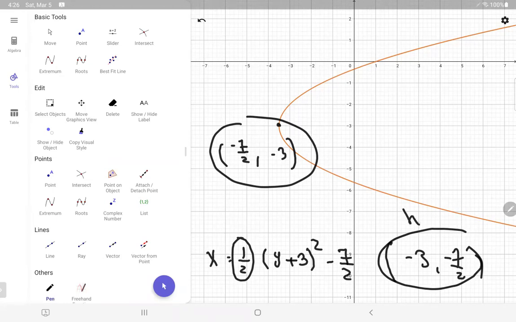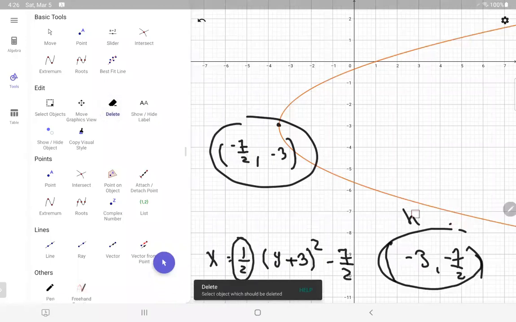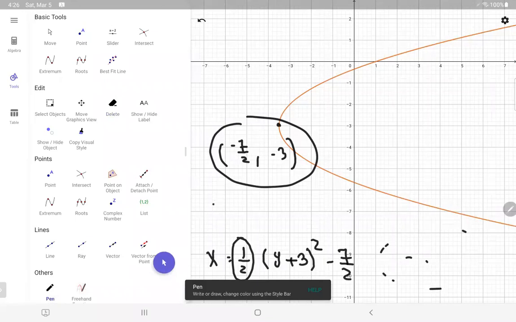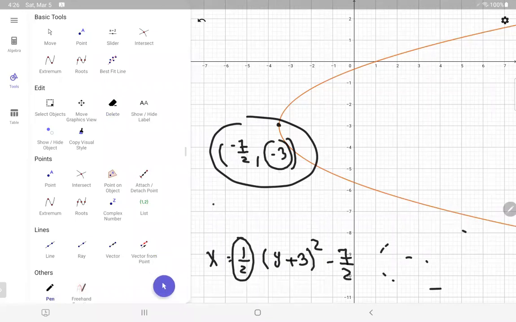This was h, sorry, before it was h and k, but in this case, no. If we compare these guys, this is -3 here, and this is -7 over 2 here.